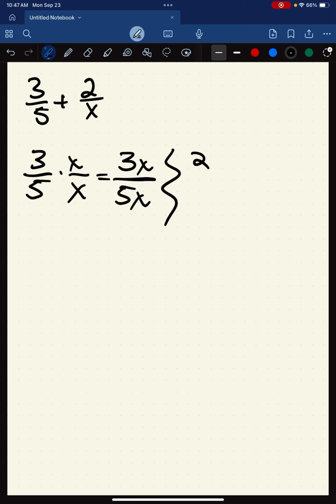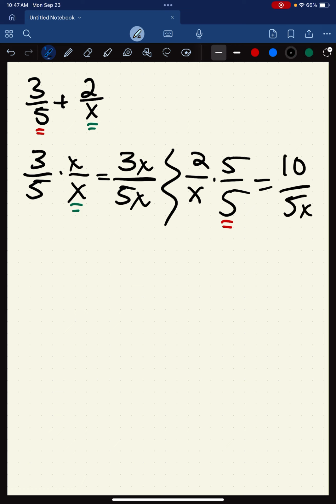And if we multiply 2 over x by 5 over 5, so I should note that there's 5, that's where this came from, and here is x, which is where that comes from. It's going to give us 10 over 5x. That's kind of the best we can do. Once we have the value for x, then we can calculate the greatest common divisor and simplify later.